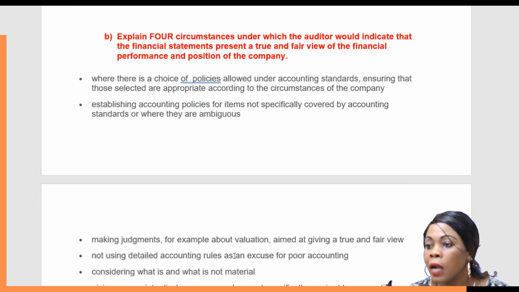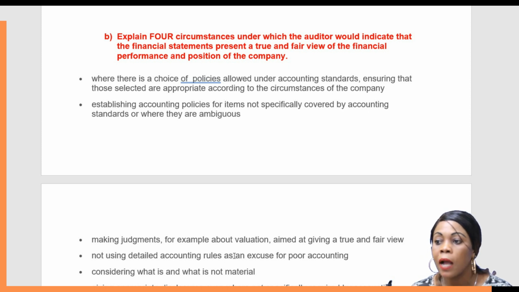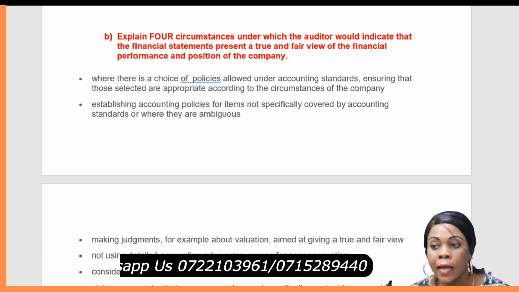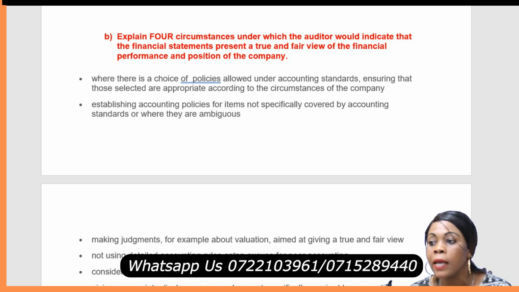Here are some of the circumstances under which the auditor will indicate the financial statement presents a true and fair view of financial performance and position of the company. First circumstance is where there is a choice of policies allowed under accounting standards, ensuring that those selected are appropriate according to the circumstances of the company.